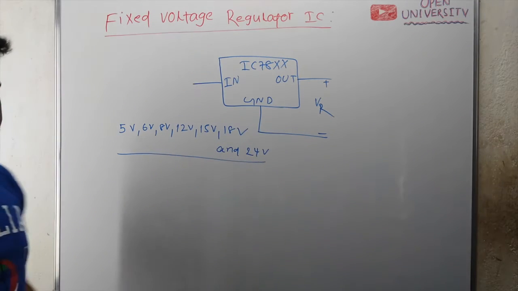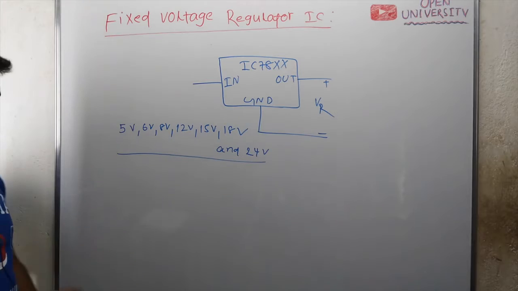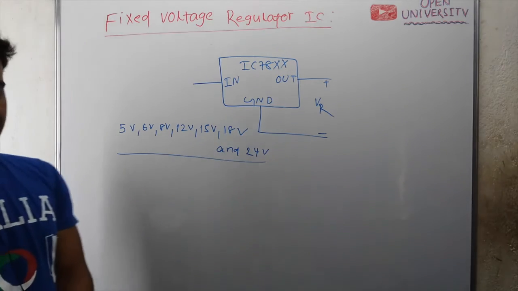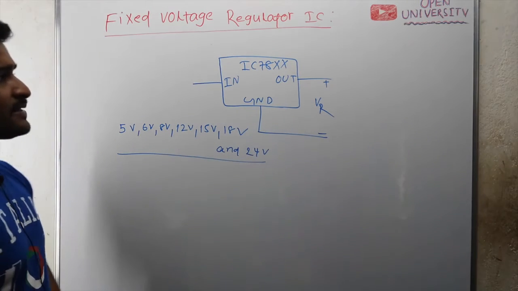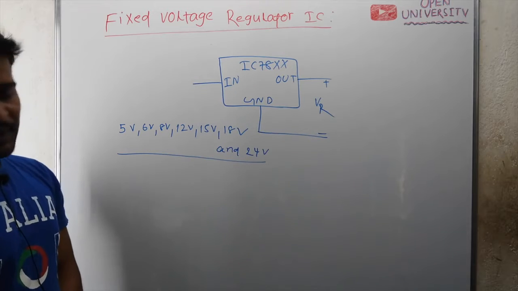These ICs have 2 applications. Whether it is IC 78XX or 79XX, these ICs have 2 applications.